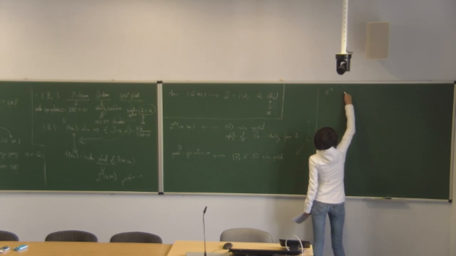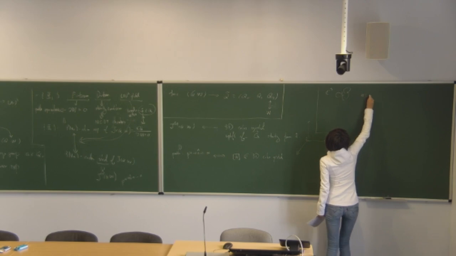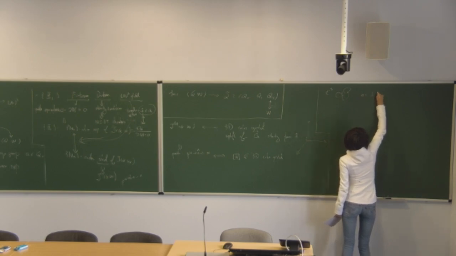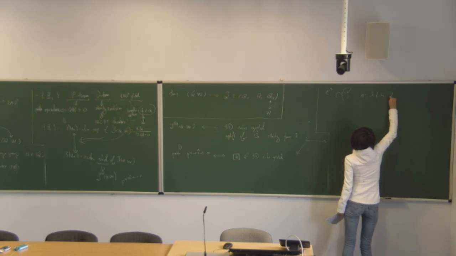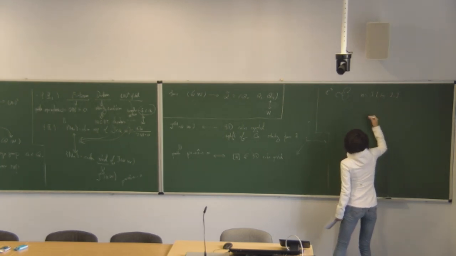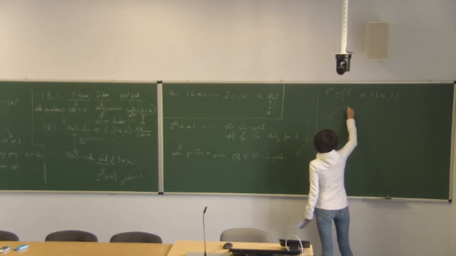So for the C3, we have this quiver, and the superpotential is as shown. The periodic quiver is given by this lattice.